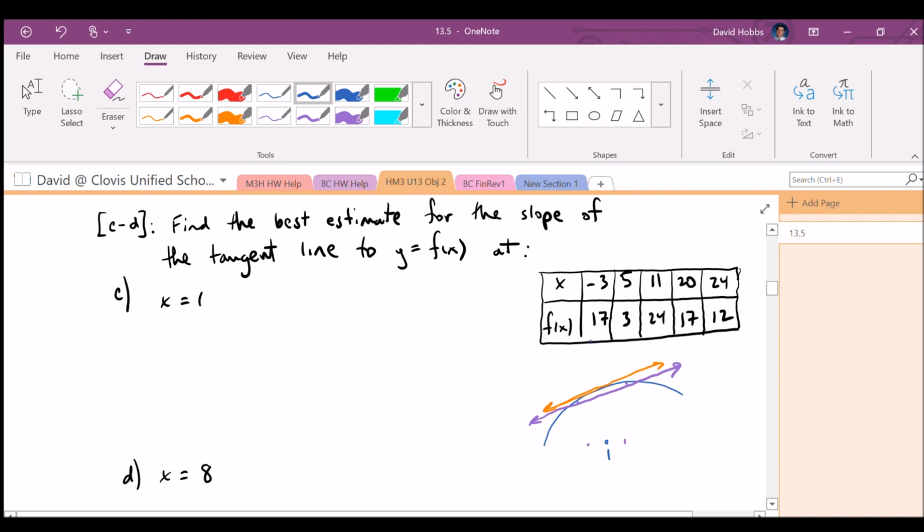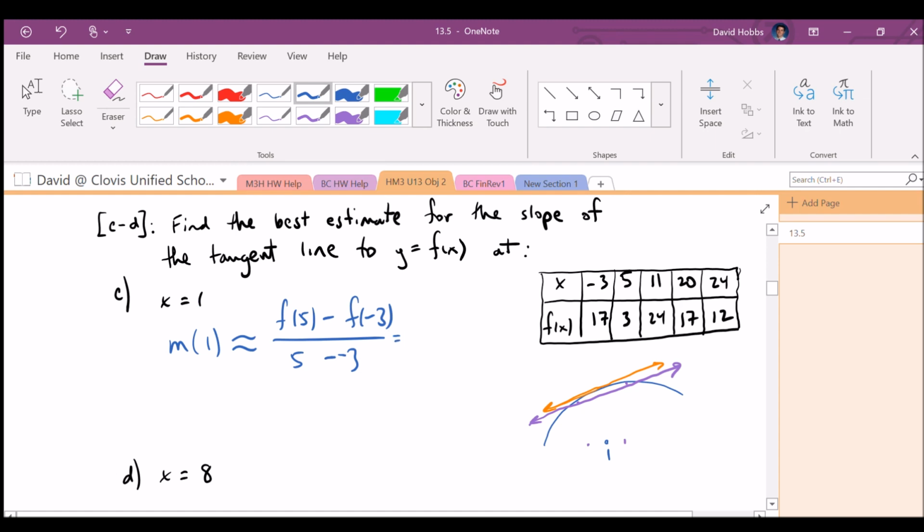Okay, so using those 2 points, the slope at 1 is approximately f of 5 minus f of -3 over 5 minus -3. So I'm just doing the slope of the secant line that is equally spaced on either side of where I'm trying to find the tangent line.